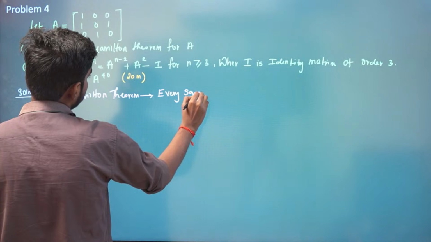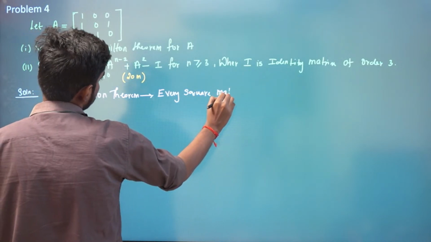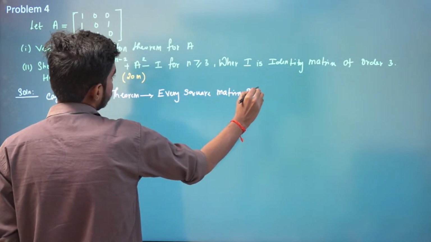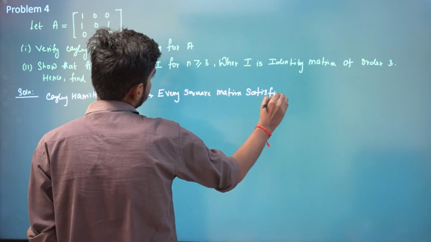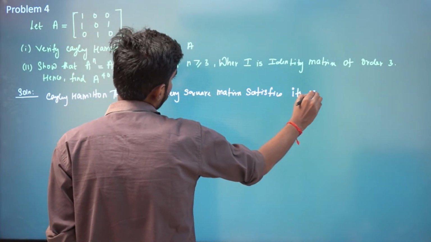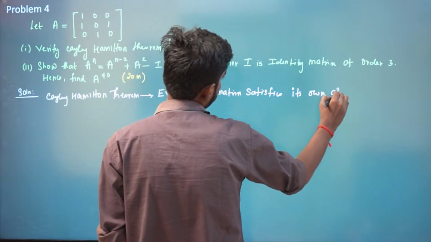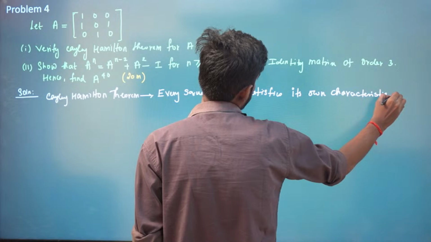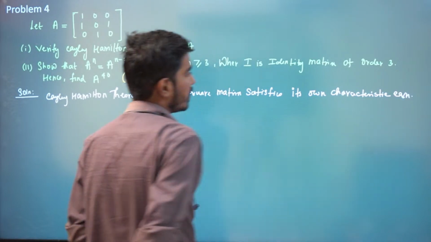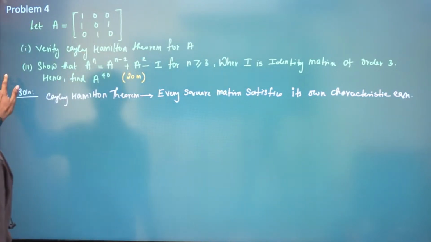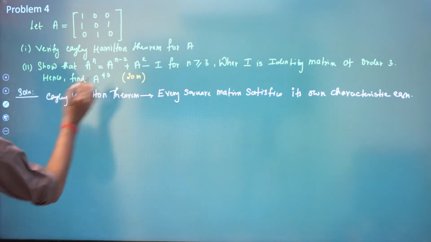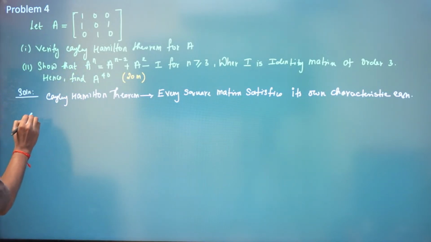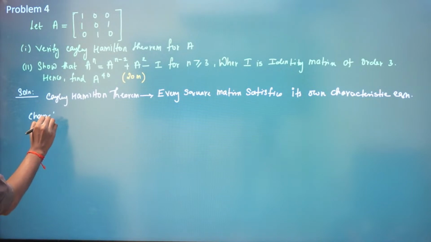Every square matrix satisfies its own characteristic equation. So we will find the characteristic equation first. We will find the characteristic polynomial or characteristic equation, right?